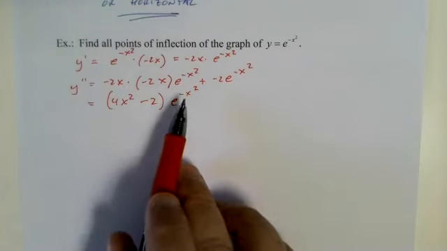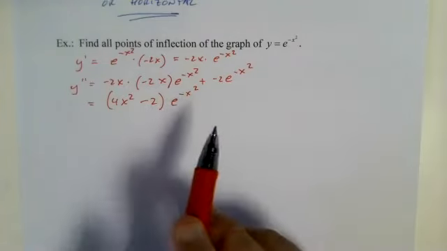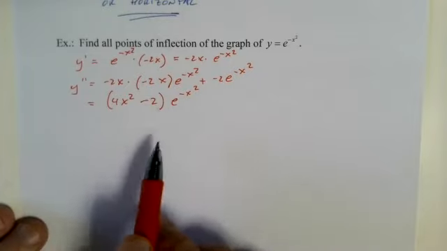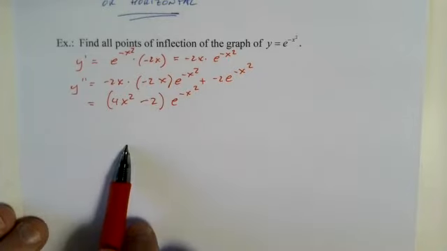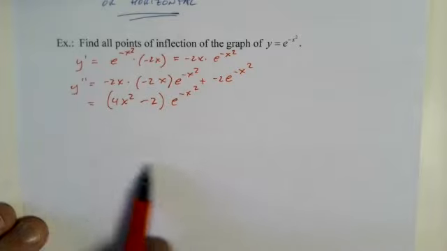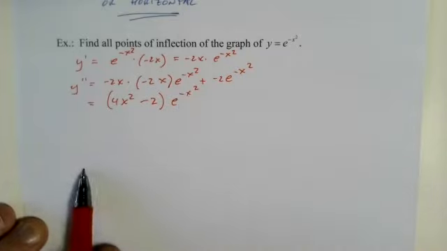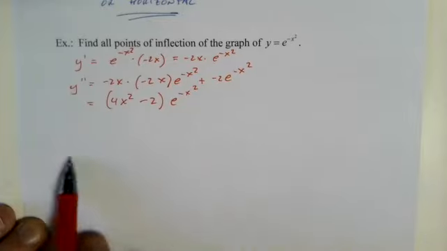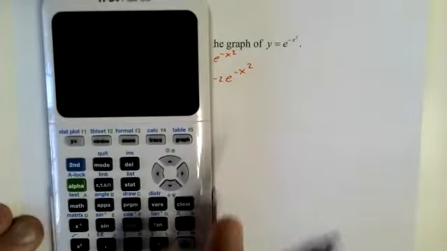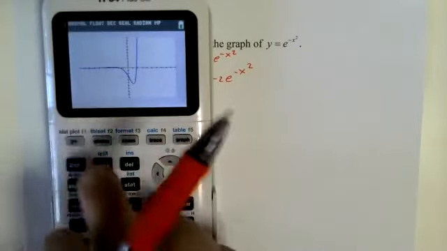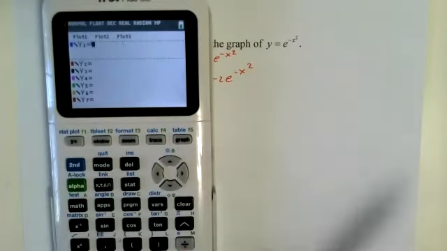No matter what I put, it's going to be e to the negative, right? So I know e to the negative x graphs down, but it's always going to be positive no matter what I put in there. So when I put in a really, really huge negative number, I think it's going to look like this. Let's see if I'm correct about that. I am getting a little bit away from what we're trying to do here, but I always test my knowledge of graphs whenever I can, because it really is important to know what you're talking about.